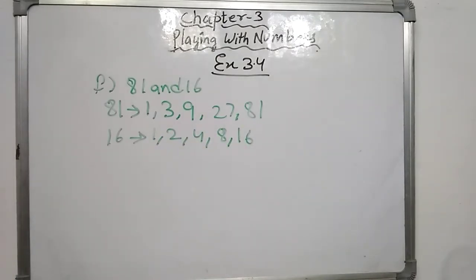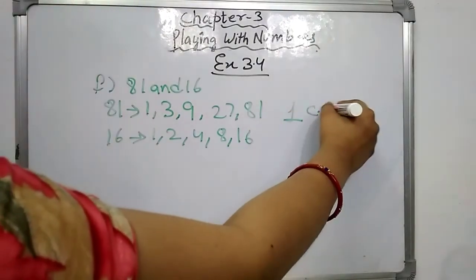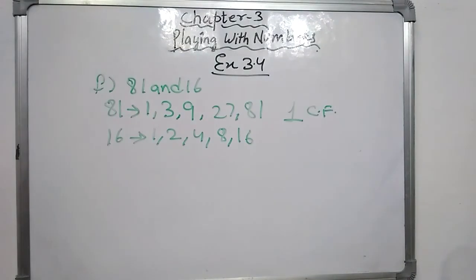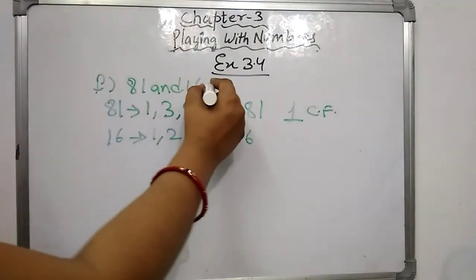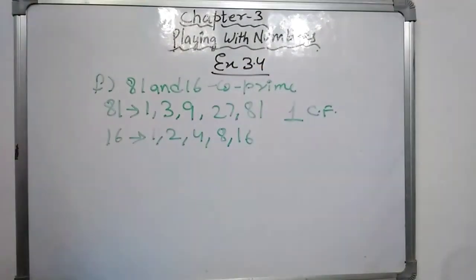So what are common factors? Common factor is 1 only. Hence this pair is also co-prime. So in all these 6 pairs, only pair C and pair D are non-co-prime. Rest all 4 pairs are co-prime numbers.